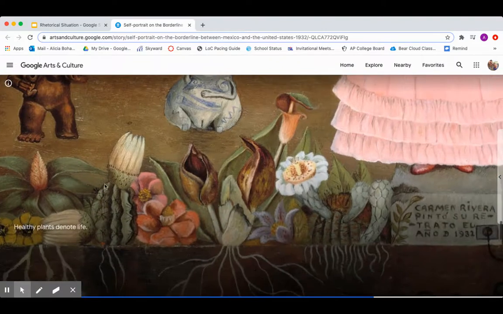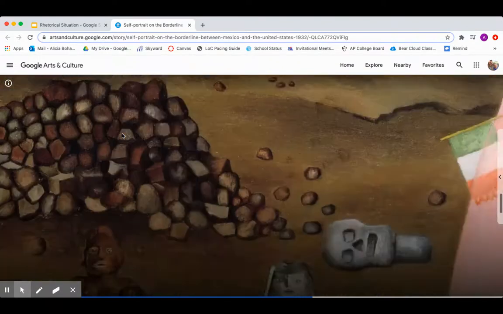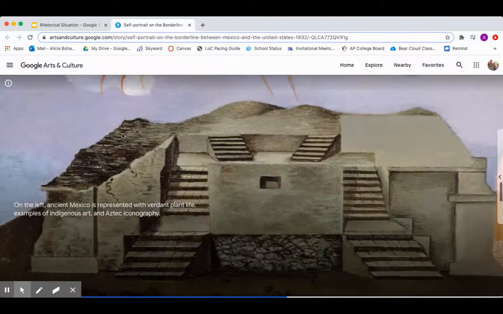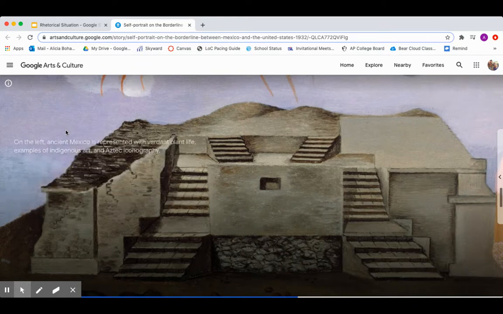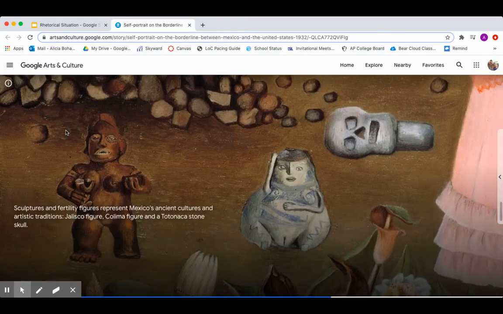So the next thing we're noticing is that on the left-hand side, ancient Mexico is represented. This is not the Mexico of 1932 when she painted it. This is ancient Mexico, which might be noteworthy when we think about purpose and message. We have sculptures and fertility figures that represent Mexico's ancient cultures and artistic traditions.